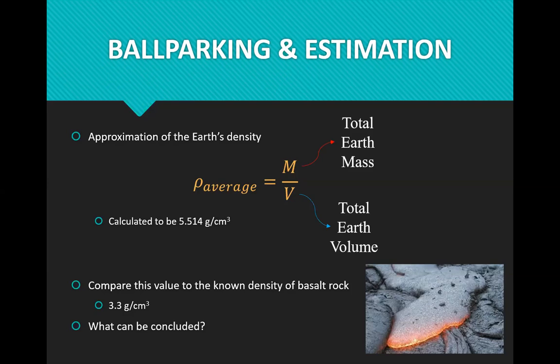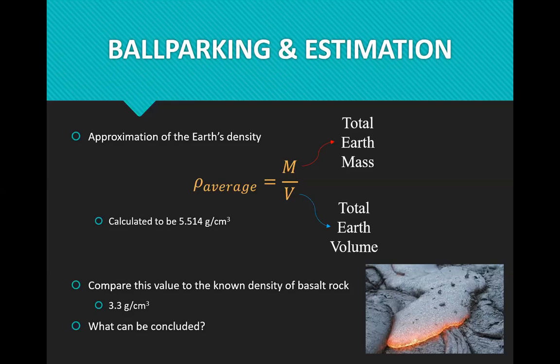So the conclusion that we can draw just based on this very rough idea is that the Earth has more heavy materials, higher density materials than just rock, because its average density is more than just rock as well.